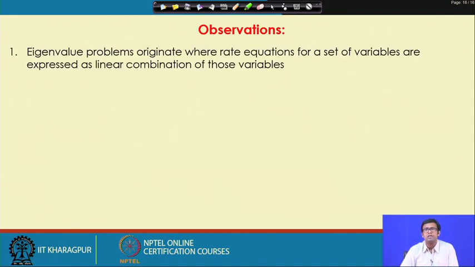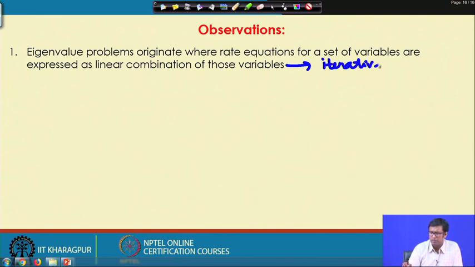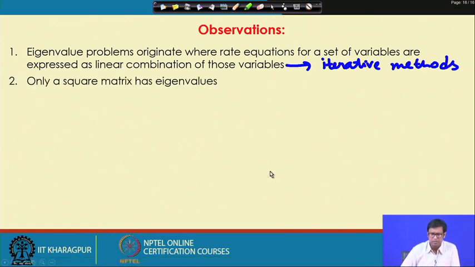Eigenvalue problems originate where rate equations for a set of variables are expressed as linear combinations of those variables, and that is why, as I tried to make this point earlier, they are related with iterative methods, because the rate of change of one variable will be a linear combination of other variables, at least for the direct iterative methods.